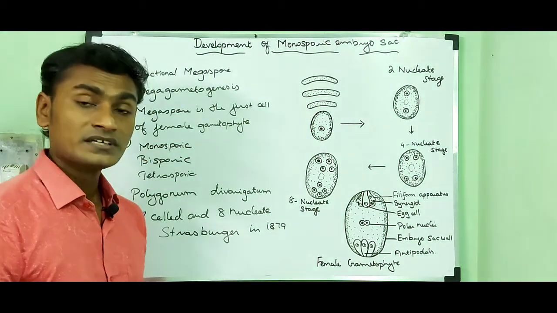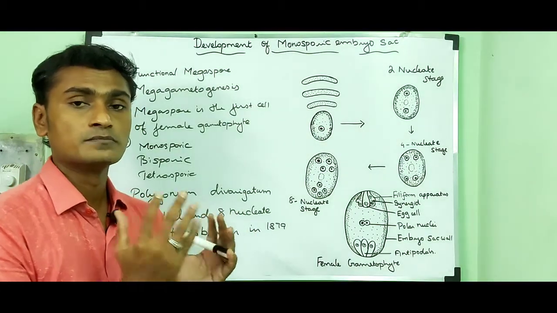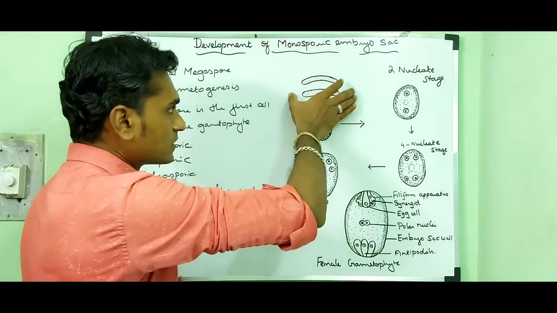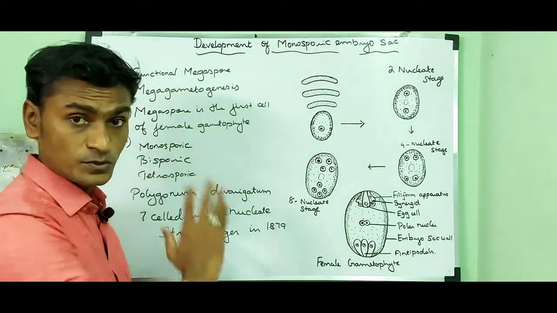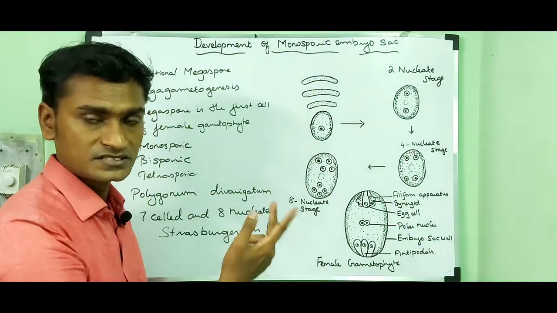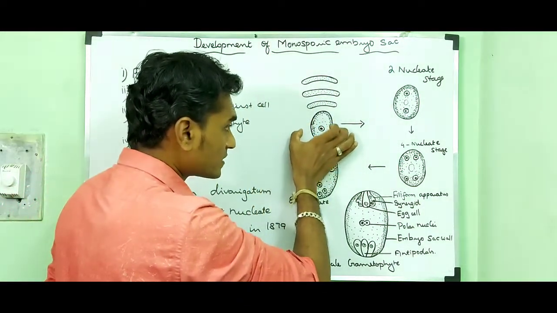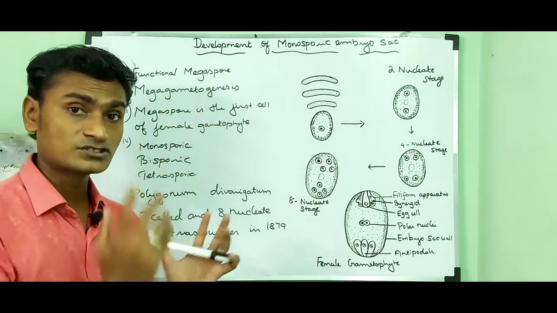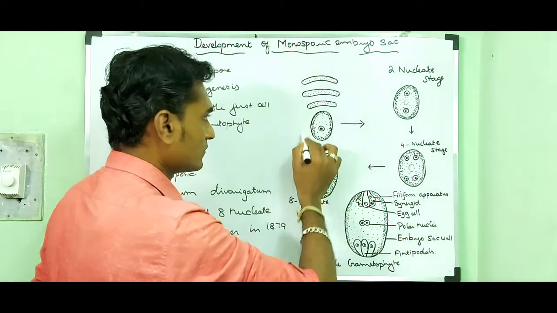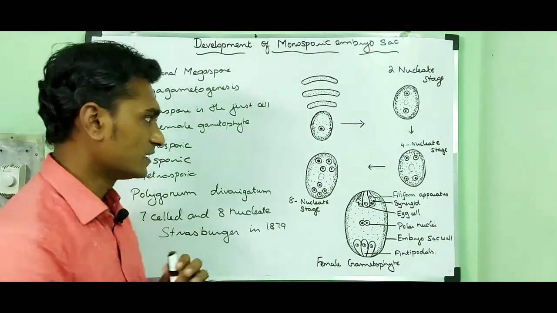Now let us see how this monosporic embryo sac develops. Here we have 4 megaspores; among the 4, 3 megaspores degenerate. This megaspore is called the functional megaspore, which lies towards the chalazal end.